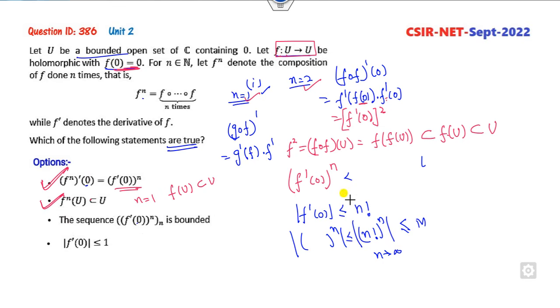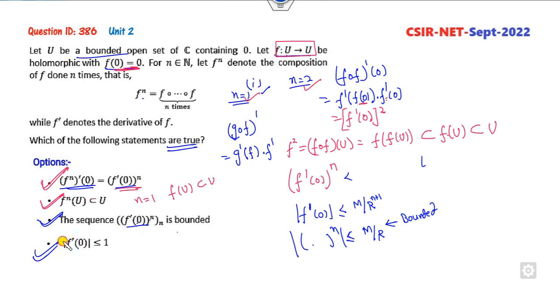Otherwise, if you don't think about it here, then you can apply the Cauchy inequality, that is m over r raised to power n plus 1. So here n is my 1, so it is my m over r, which is bounded. Fine. So this sequence is my bounded. And if I take n is 1, it's bounded, it's less than 1, all are my correct options of this example.